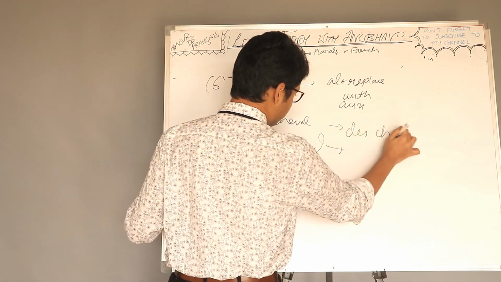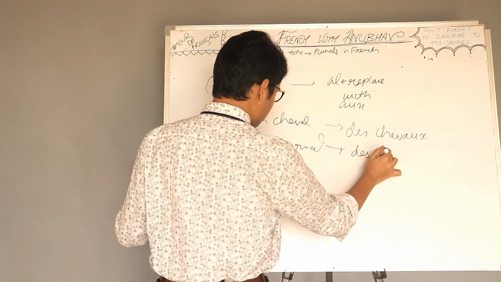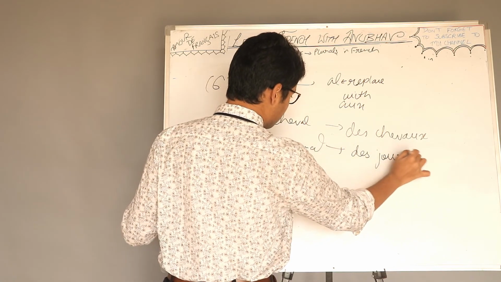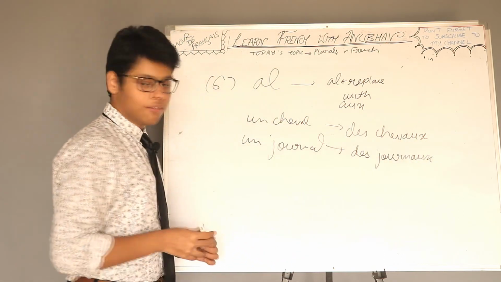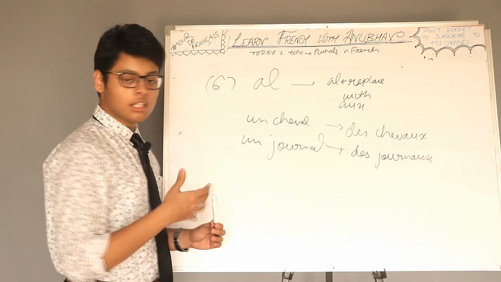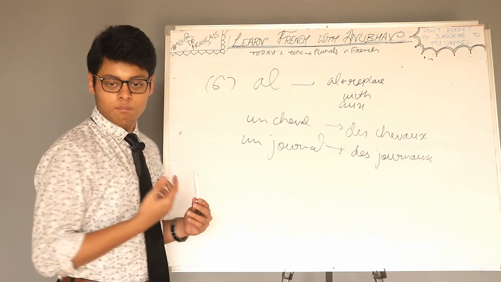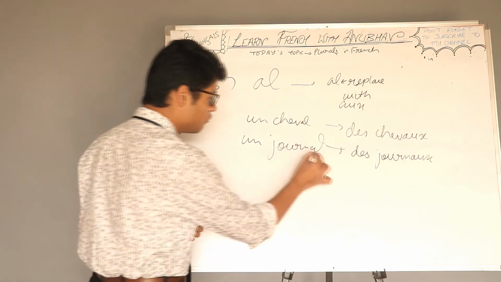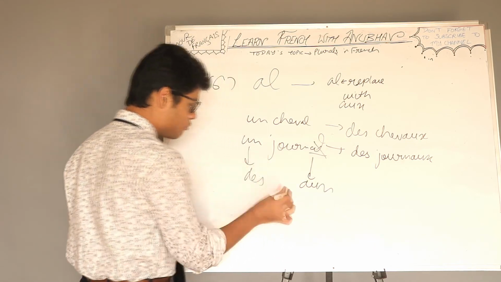Des chevaux, des journaux. Un cheval, a horse. Des chevaux, some horses. Un journal, a newspaper. Des journaux, some newspapers. Remove AL and replace it with AUX. Change it to DES. You are done.